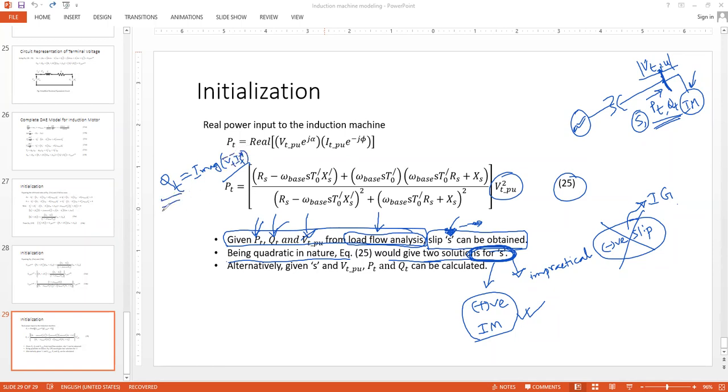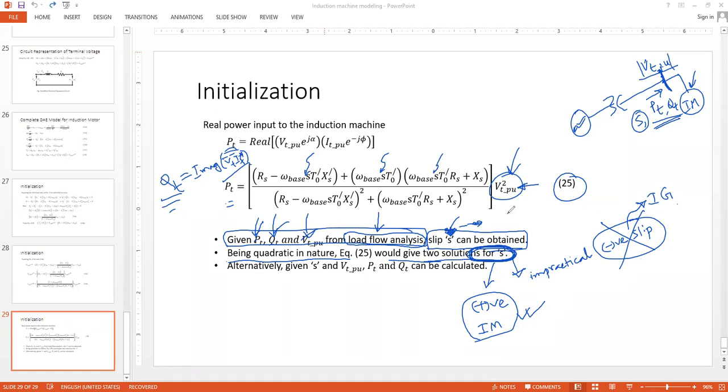So similarly, you will have some other expressions for QT, and you can use these three quantities, PT, QT, VT, to solve this quadratic equation. Ultimately, what you will get is the slip. And because this equation is quadratic in nature, you will get two different values of slip.